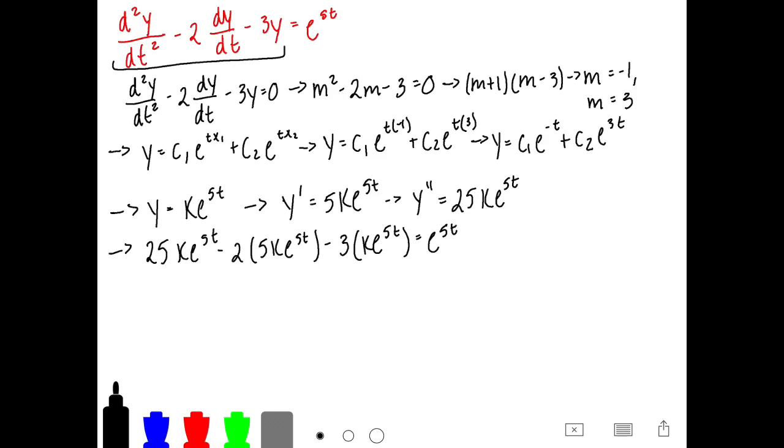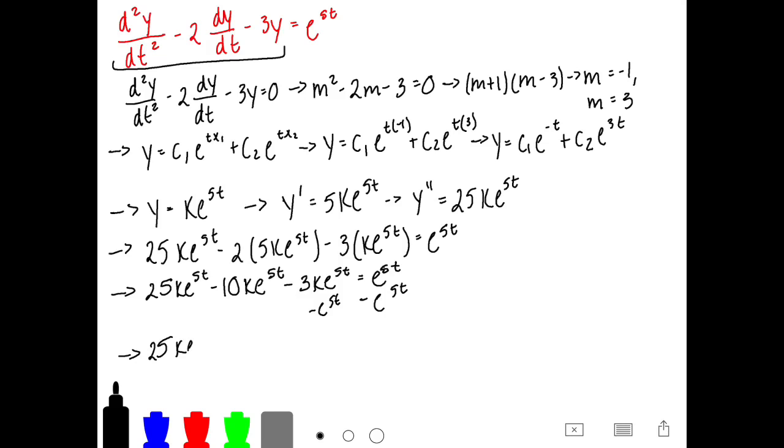And then simplifying it, we have 25k e to the 5t minus 10k e to the 5t minus 3k e to the 5t equals e to the 5t. And then we want to get 0 on our right side, so we subtract e to the 5t from both sides.